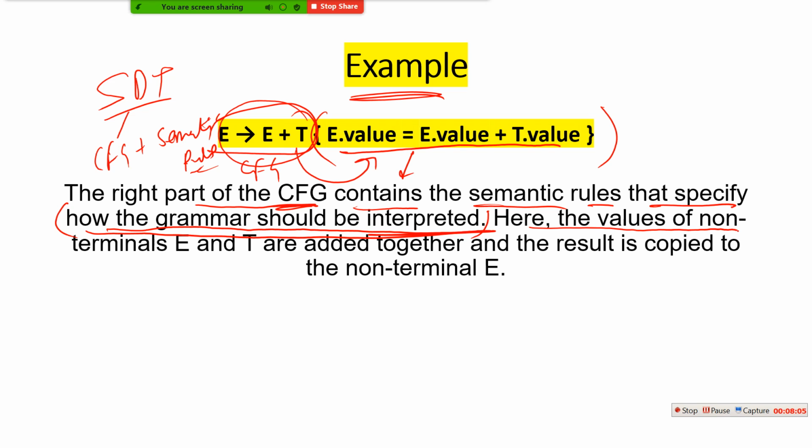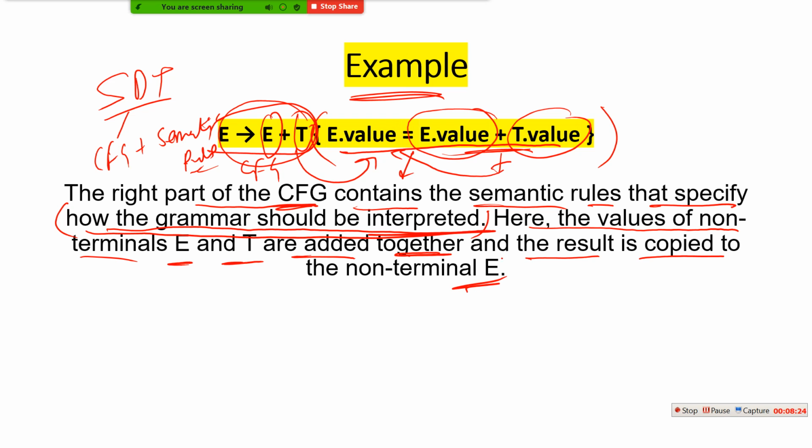Here the values of non-terminals E and T are added together, and the result is copied to non-terminal E. The values of these non-terminals are added together, and the result will be added to this non-terminal E, right?